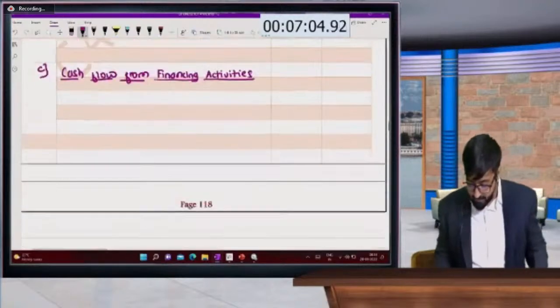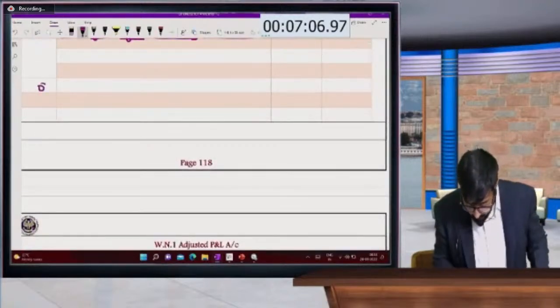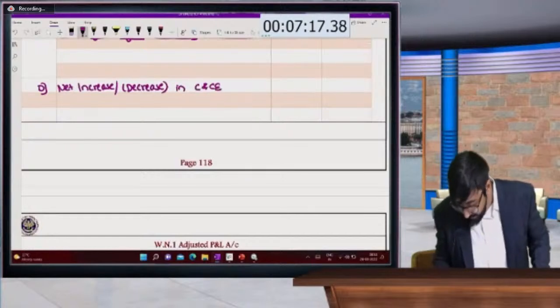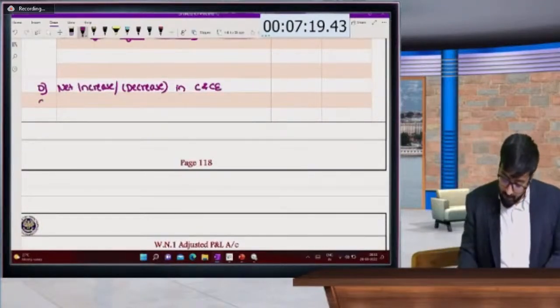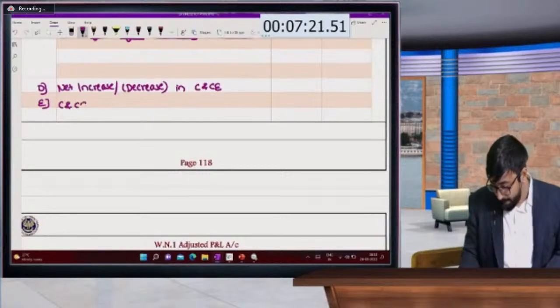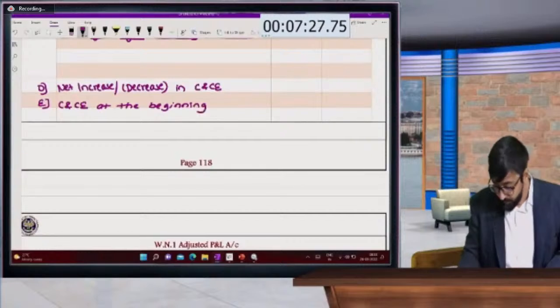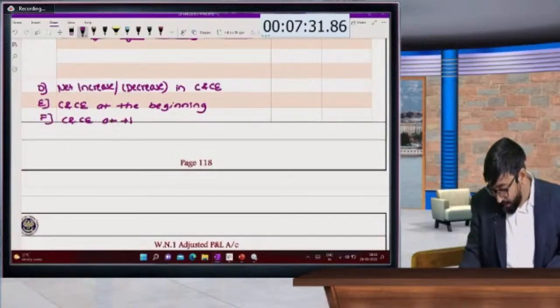After 5 lines, D, net increase or decrease in cash and cash equivalent. E, cash and cash equivalent at the beginning. F, cash and cash equivalent at the end.